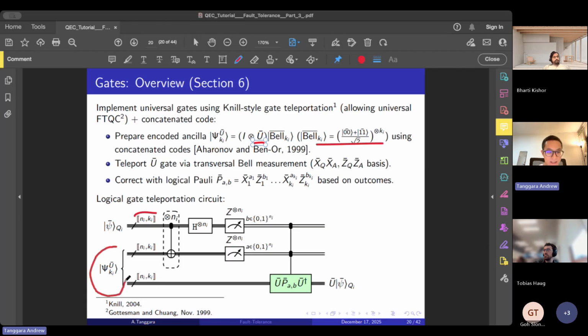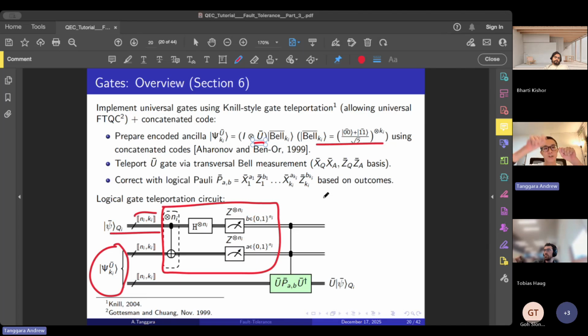Then I couple one of those blocks with the actual data block where I do my computation, and basically this entire procedure is a transversal Bell measurement.